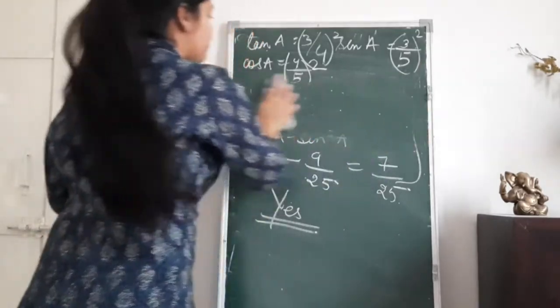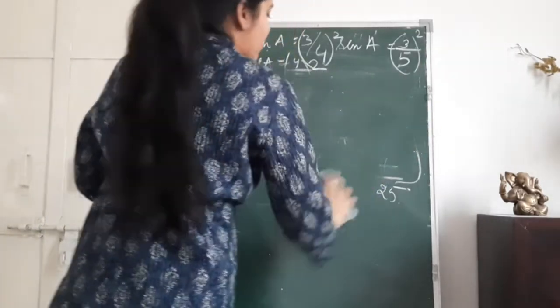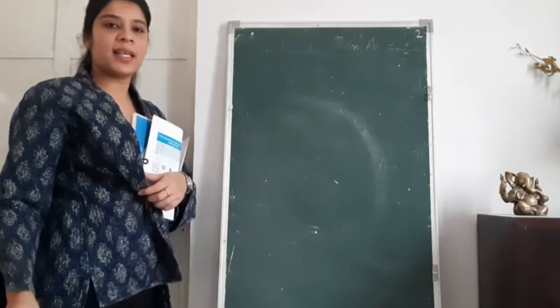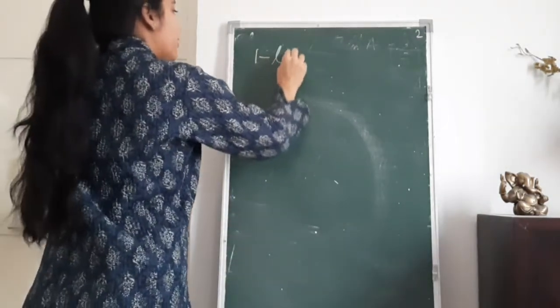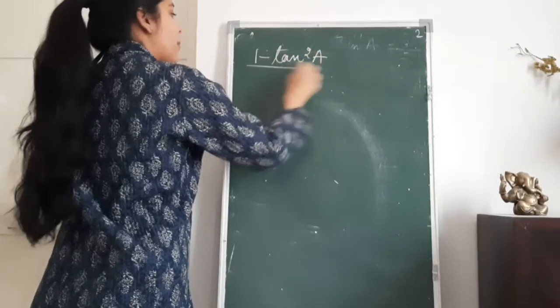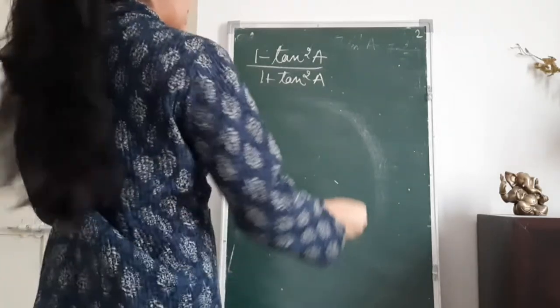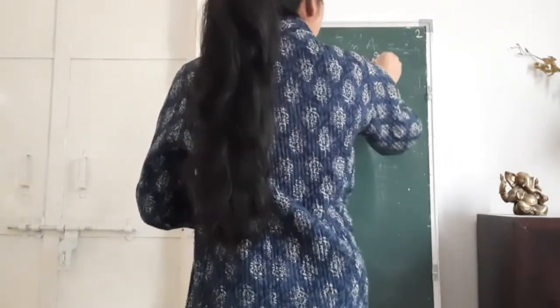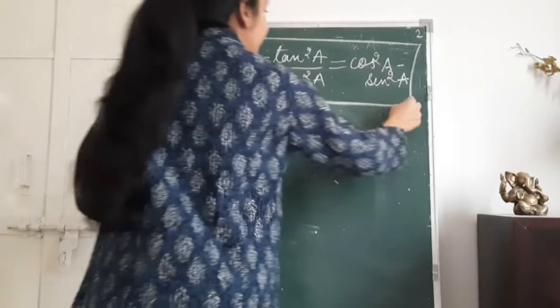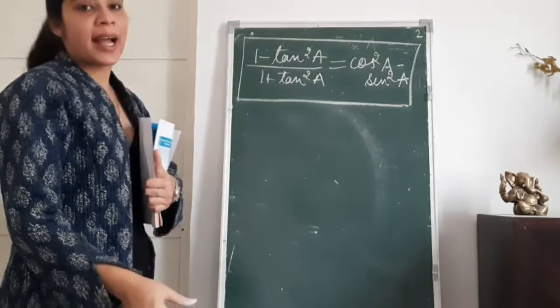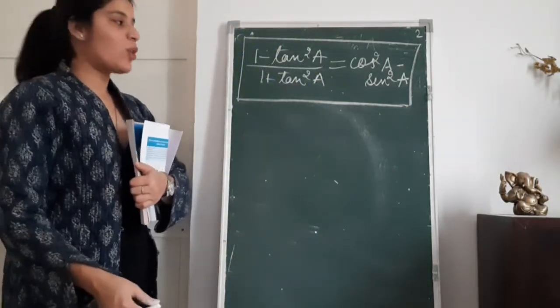So again, an important property is derived here from the competitive point of view, and it can come in your board exams also, that 1 minus tan square A upon 1 plus tan square A is equal to cos square A minus sin square A when A is an acute angle of a right angled triangle.